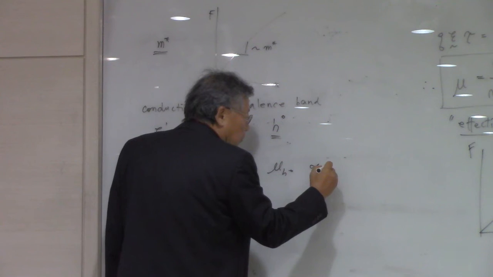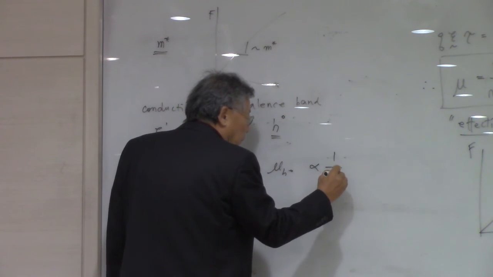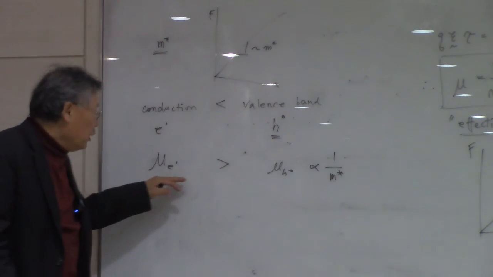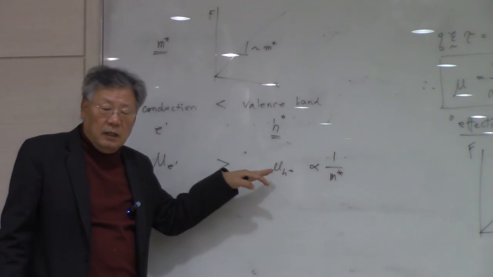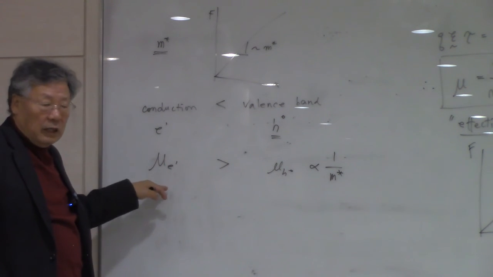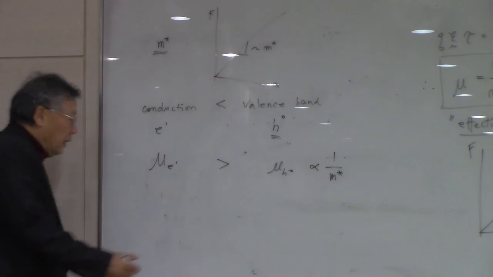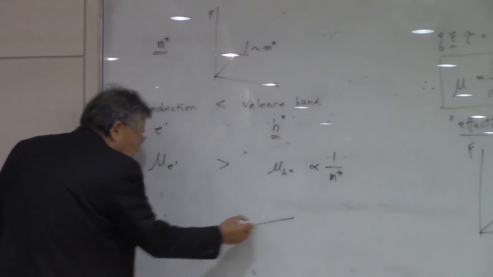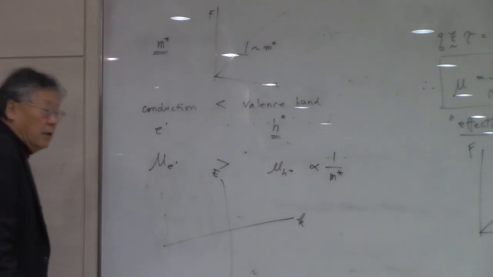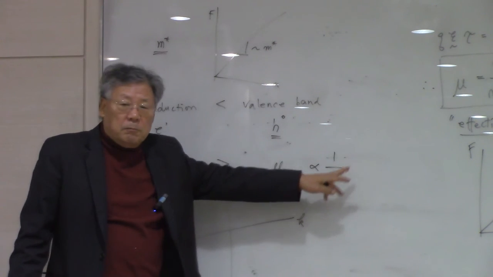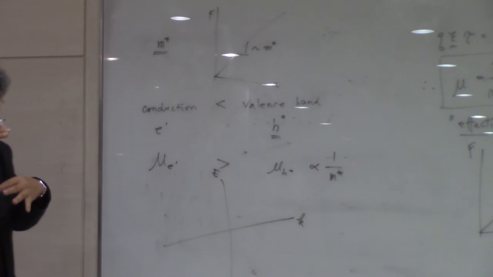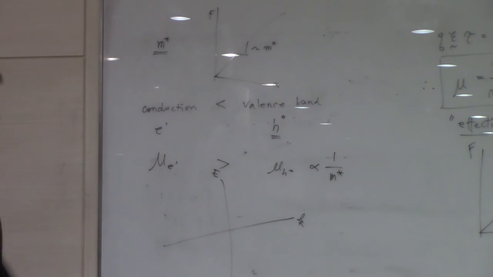And this mobility is inversely proportional to the effective mass, so we can see the effective mass of the hole is much bigger than that of the electrons. Okay? So in the EK diagrams, this effective mass is related to the second derivative, the curvature, of the EK diagram.